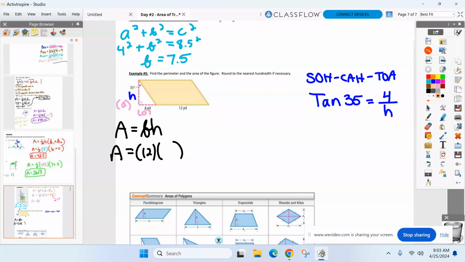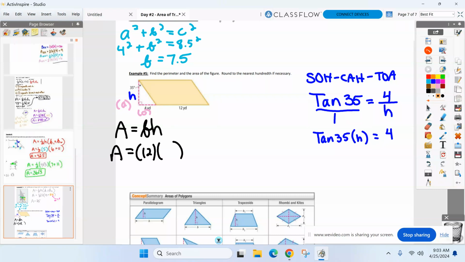I had you guys put this over 1 and cross them up, right? Cross multiply. That's how we used to solve these. So one side you have tangent of 35 times the height, H, equals, on the other side when you cross multiply, you got a 4 there.